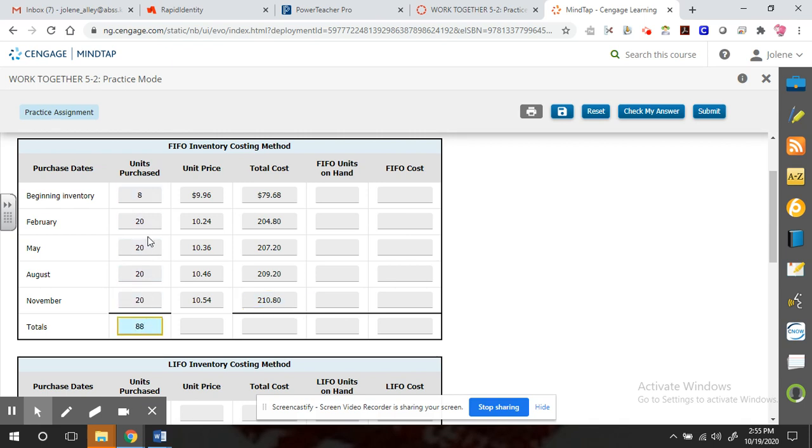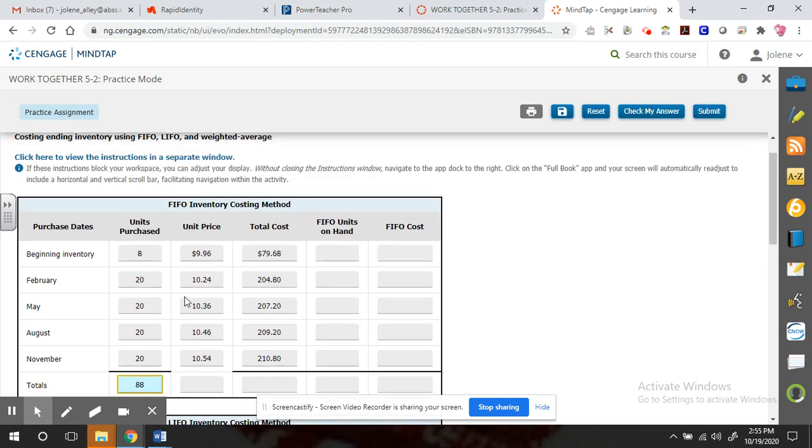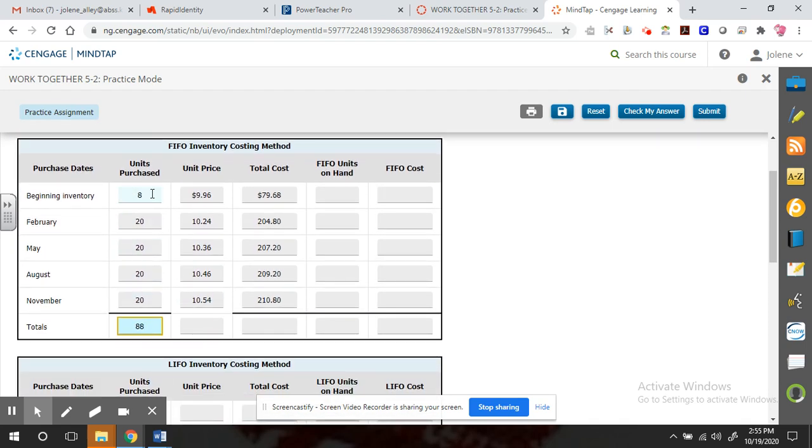Maybe these are watches. For the whole year, they started out with 8 watches, and then they got these shipments, and they could have sold 88 watches in the whole year.